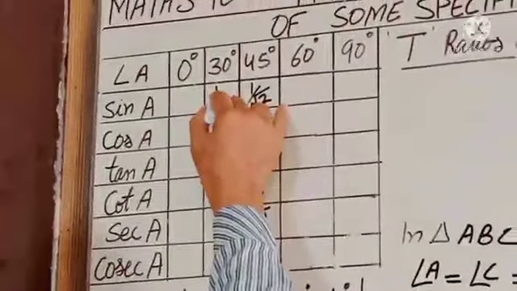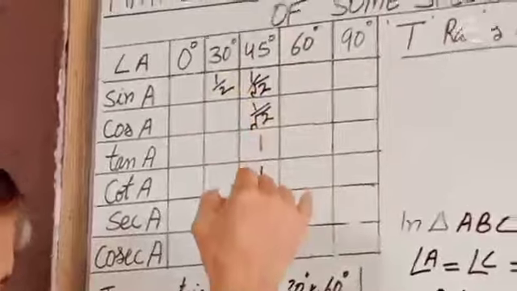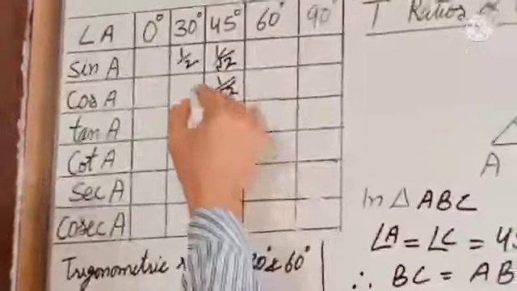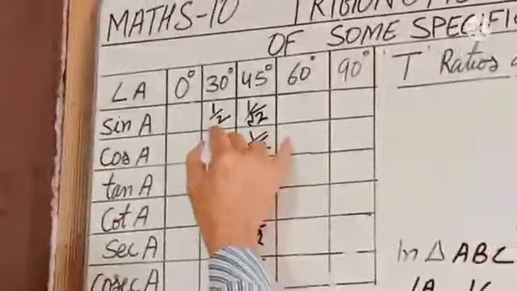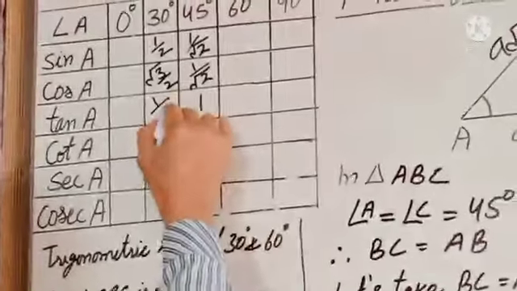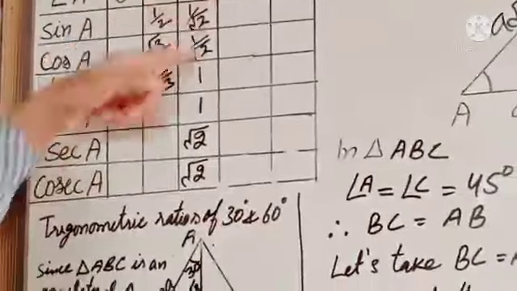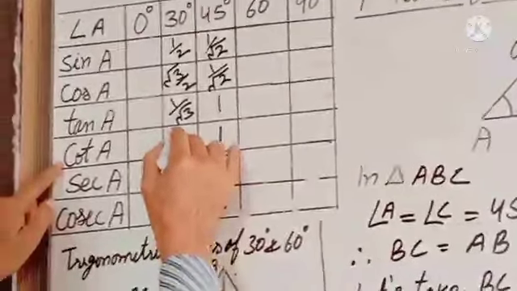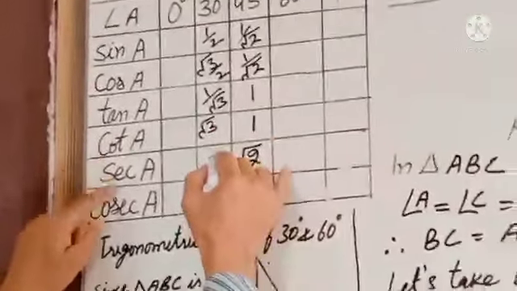Sin 30 is 1 upon 2, cos 30 is root 3 upon 2, tan 30 is 1 upon root 3. And similarly, as we filled up this, we can take this to be root 3.